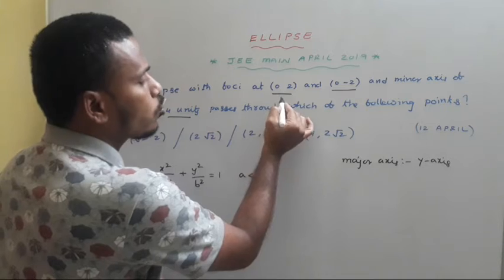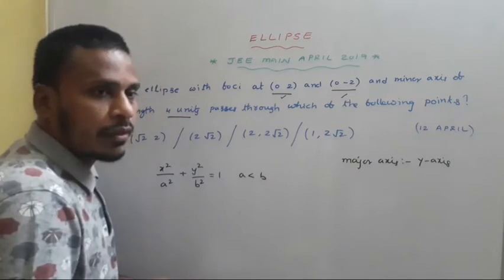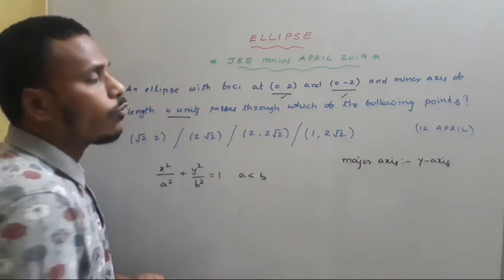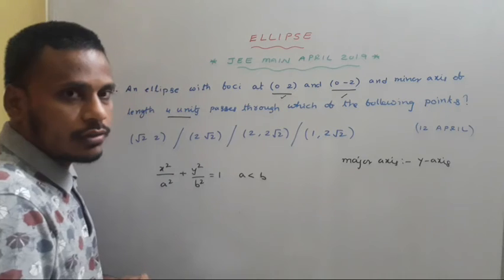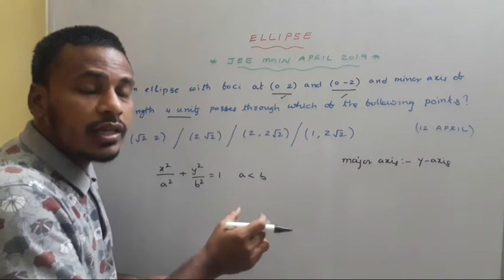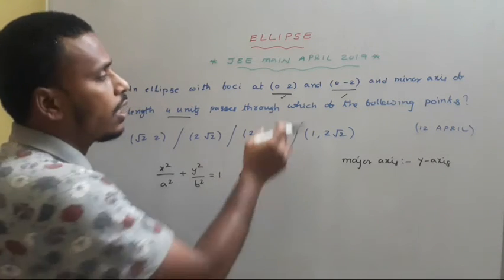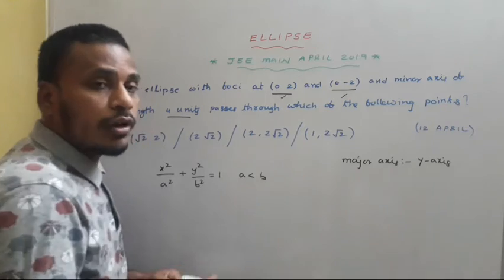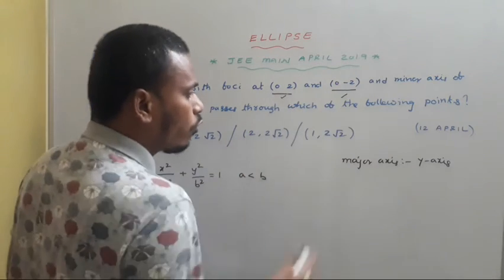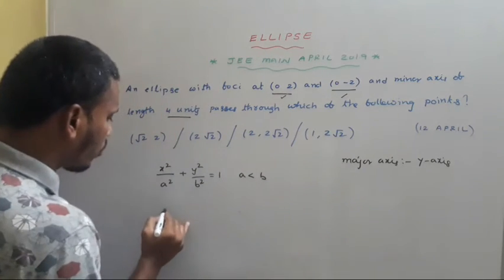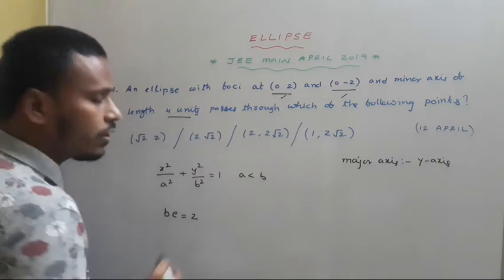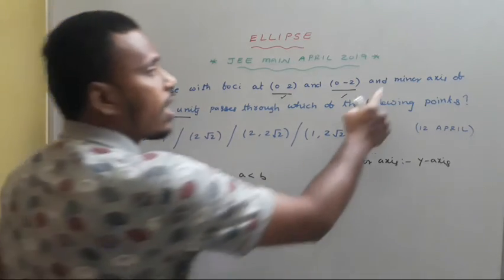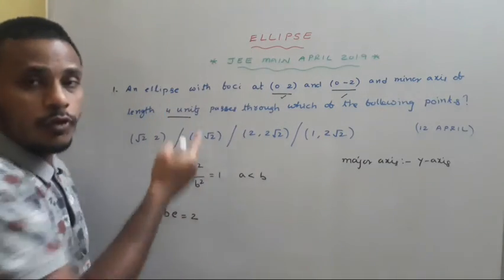One more thing, these 2 points are at the foci. The distance between the foci is usually 2be, so the distance between these 2 points is 2be, which equals 4, and so be equals 2. One thing with us is be equals 2, and the other thing, the minor axis is of length 4 units.